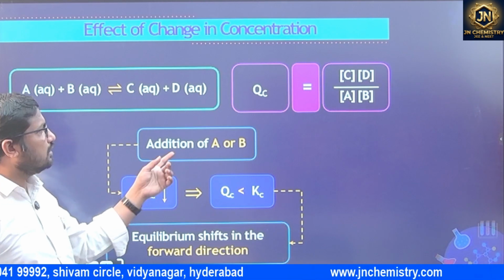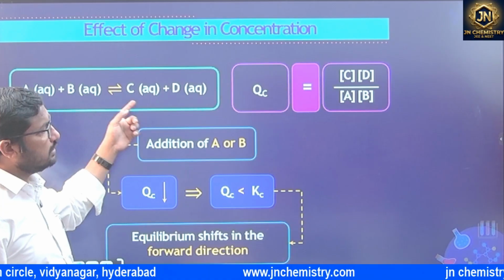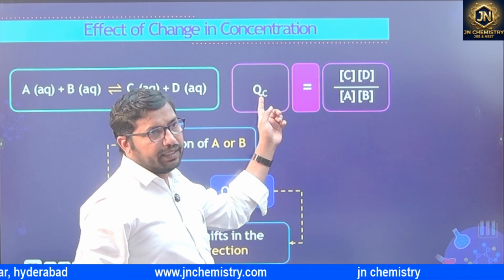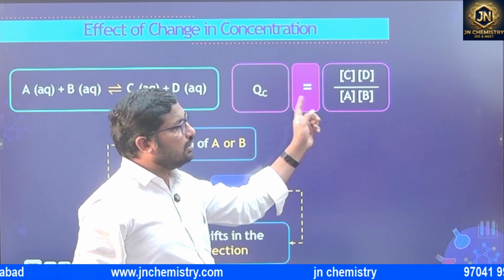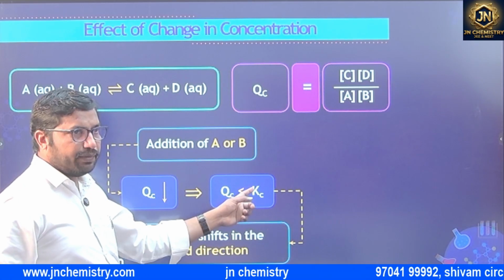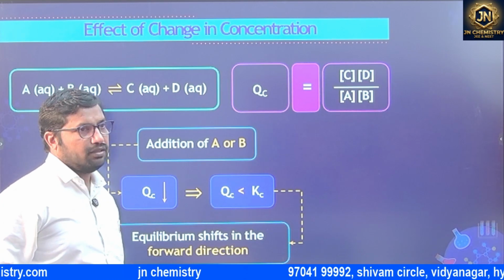Based on this expression also, I am increasing the concentration of A and B. Increasing A and B concentration means automatically QC will decrease, because the denominator increases. If QC decreases, it is less than KC, so the reaction goes forward.